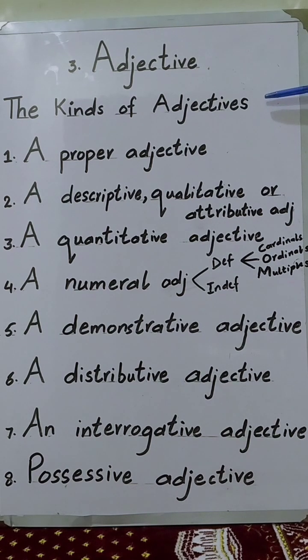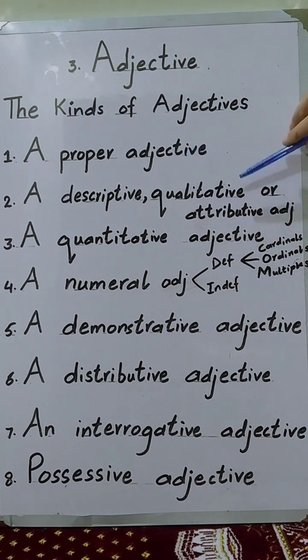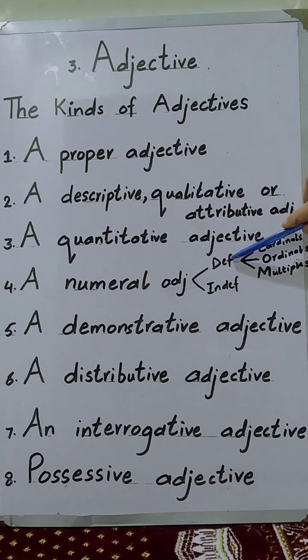Now we discuss the kinds of adjectives. Adjectives are of 8 kinds. Number 1, a proper adjective. Number 2, a descriptive or a qualitative or attributive adjective. Number 3, a quantitative adjective. Number 4, a numeral adjective. They are further divided into two main classes, definite numerals and indefinite numerals.